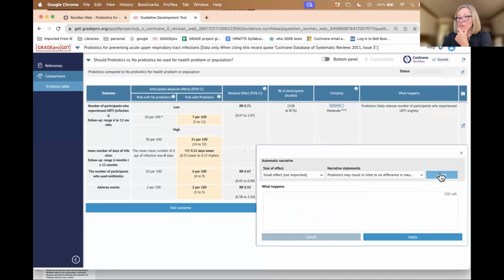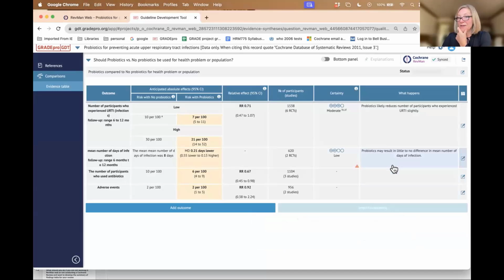So I'm just going to choose that and apply and fill that in. So basically, continuous outcomes, little bit less to do or worry about, but important to put in details about the scale. And you have to manually enter the number of days for the baseline risk, or the score for baseline risk on a quality of life scale.